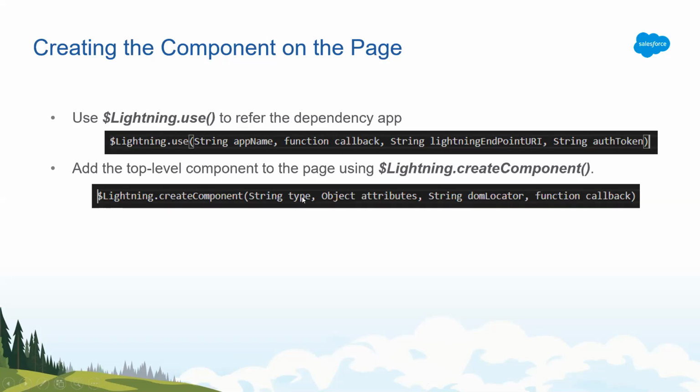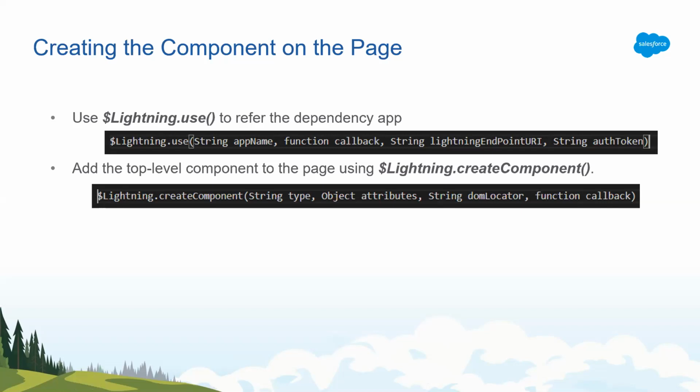The first is the type, which is nothing but the name of your component. Let's say you have a component named accountViewerComponent. Then the parameter here would be c:accountViewerComponent, which is the name of your component.